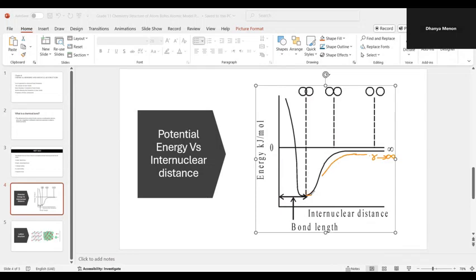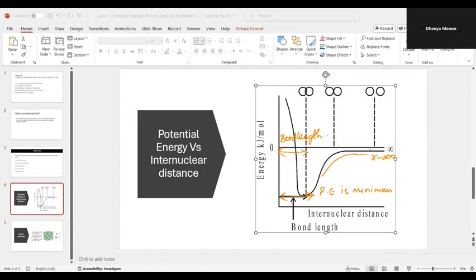Now, at this point, this distance is the optimum distance, which is called bond length. At this optimum distance, what is the energy? The potential energy is minimum.